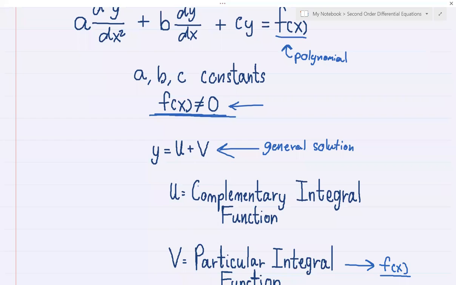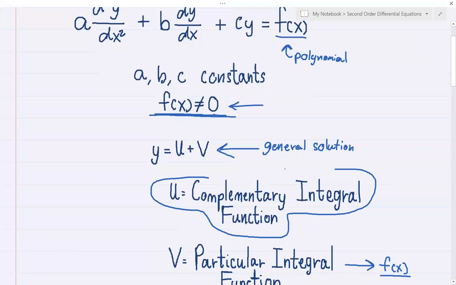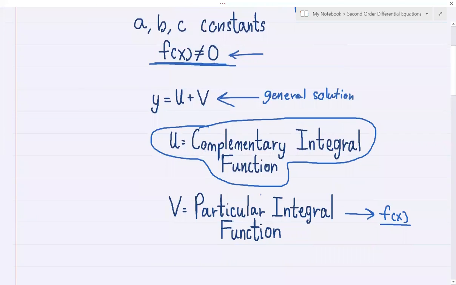Or simply stated, the method, steps, and techniques you learned in getting the general solution of a given second order homogeneous differential equation are the same ones you use to get your u function. Okay? Which is why I recommend you watch the first video, which is about second order homogeneous differential equation. Then next, you have your v, which is your particular integral function.